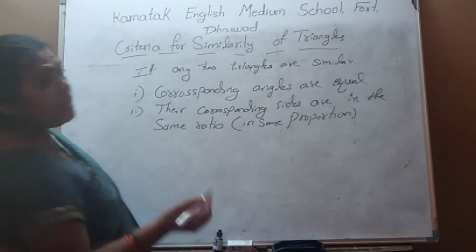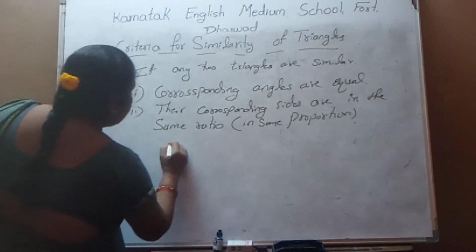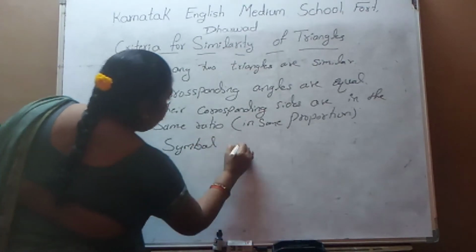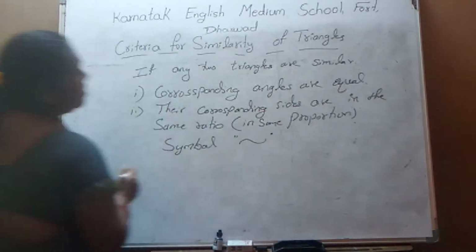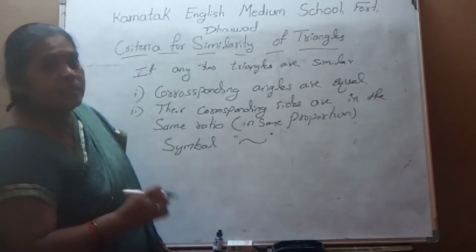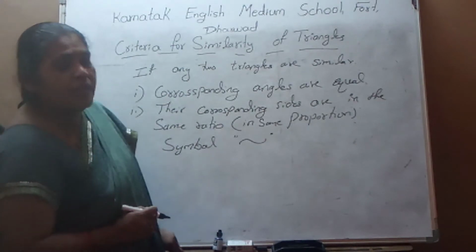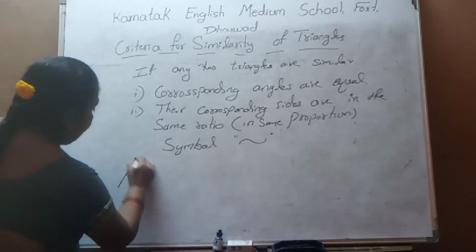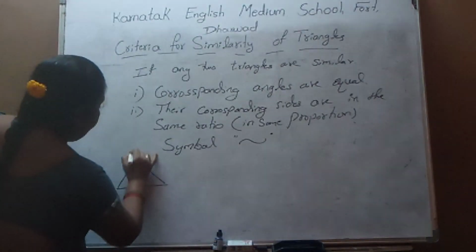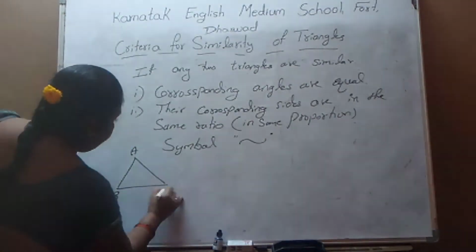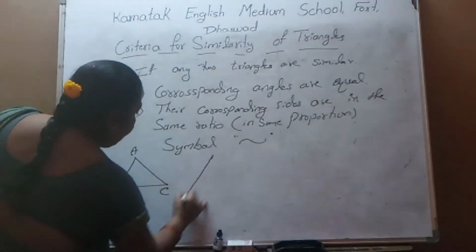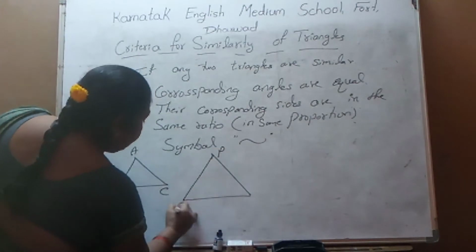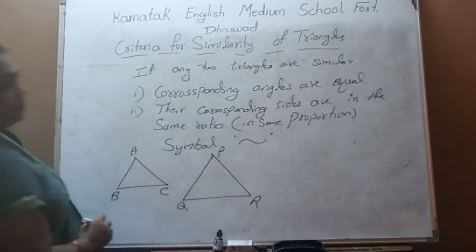What is the symbol of similar? This is the symbol of similar. What is the meaning of this? If any two triangles are similar, for example, this one is triangle ABC, and here another one, triangle PQR.